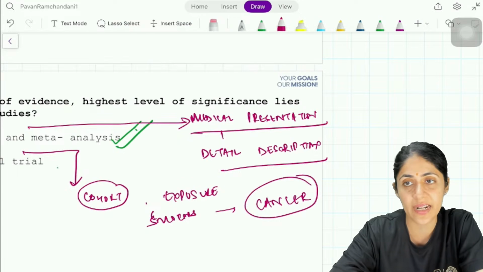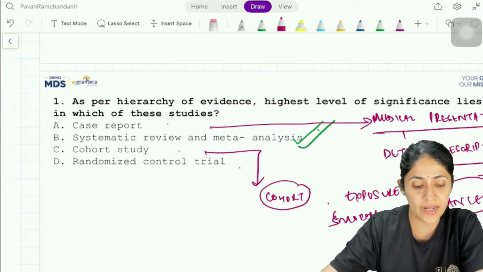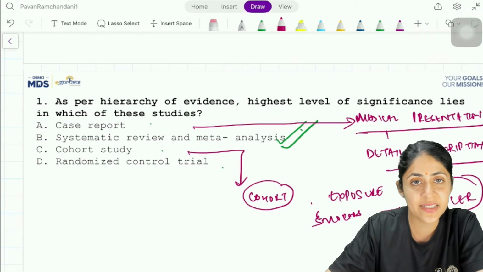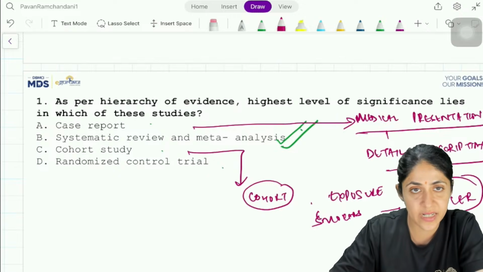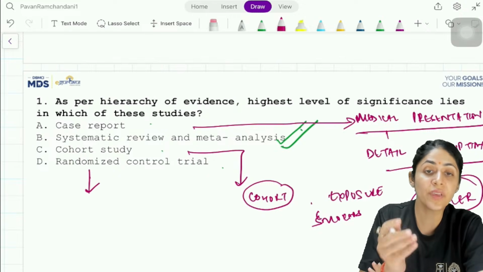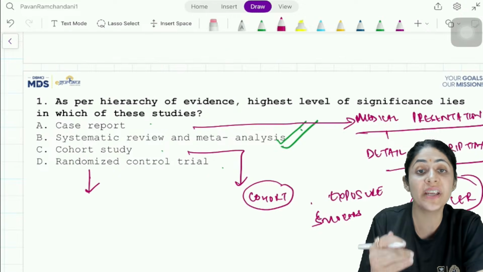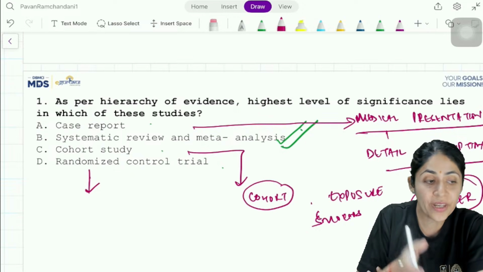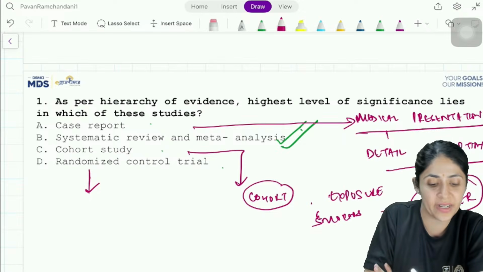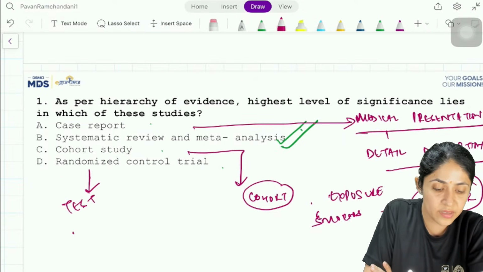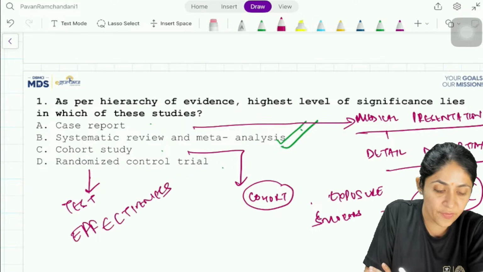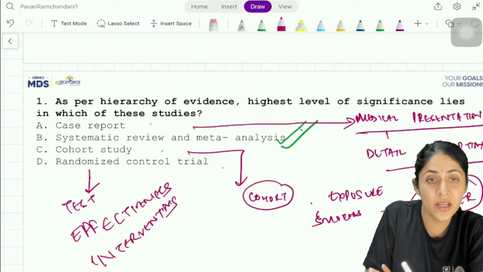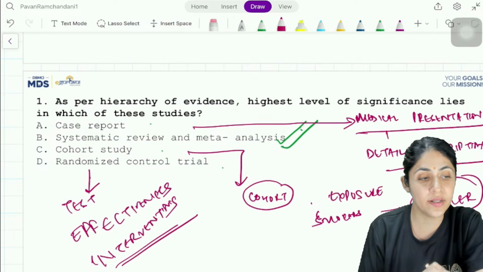Then what is a randomized control trial? It is a type of experimental study design. Suppose you give an intervention, like a particular mouthwash or a line of treatment. To test the effectiveness of that intervention, you do a randomized control trial.